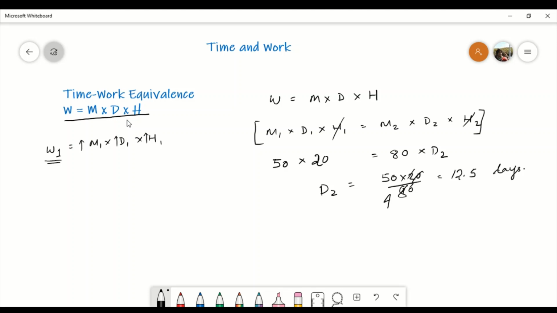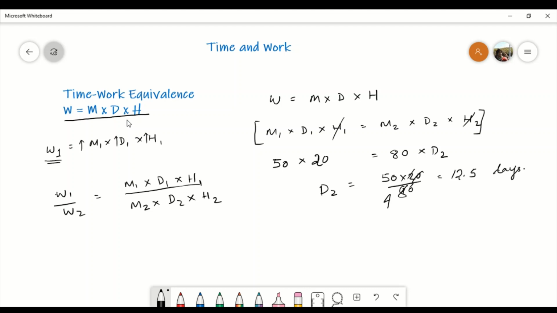And if we increase the number of hours that the men work each day, then also the work will increase. So they are directly proportional to the work done. Since there is direct proportionality between all these terms, we can also have a formula where our work is not the same.